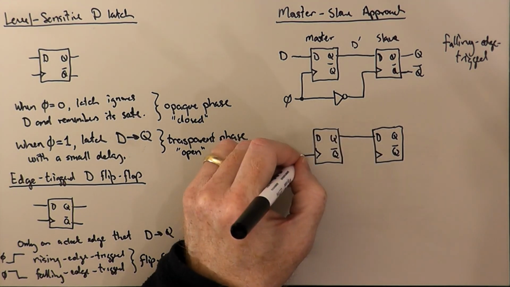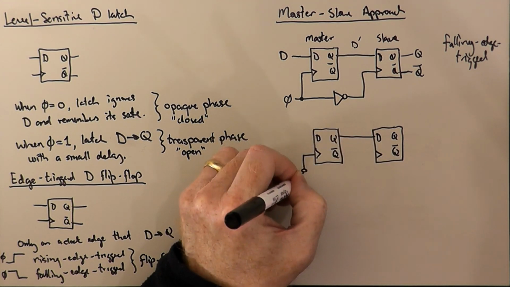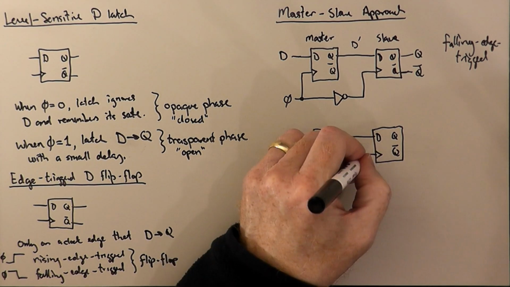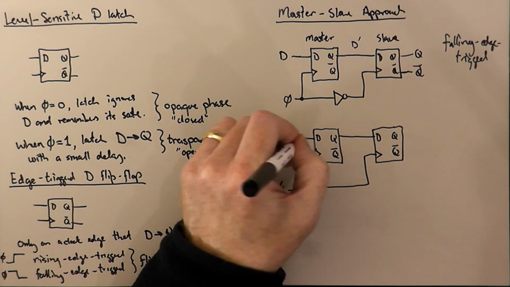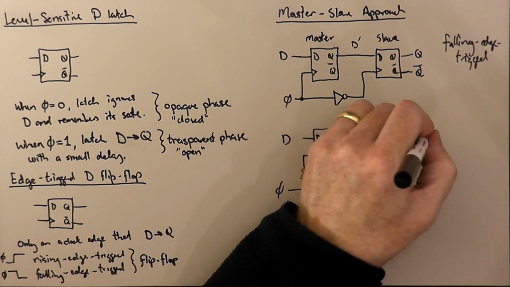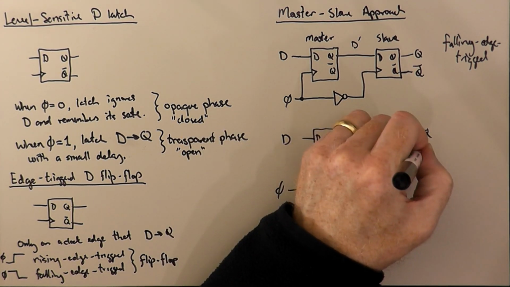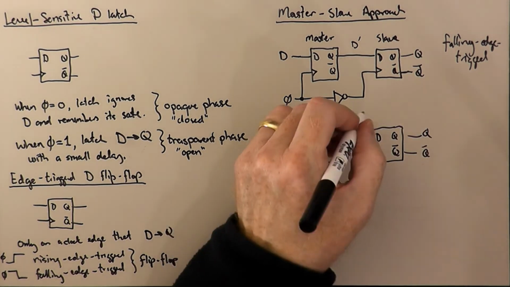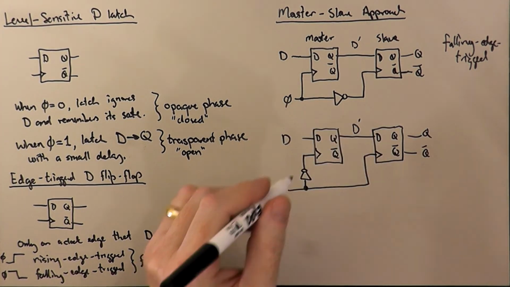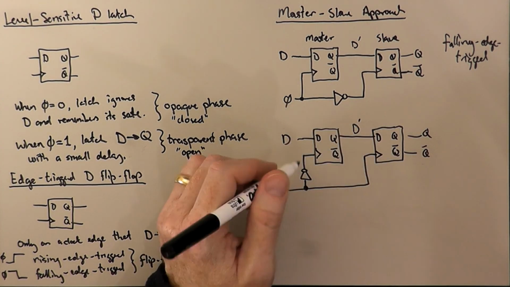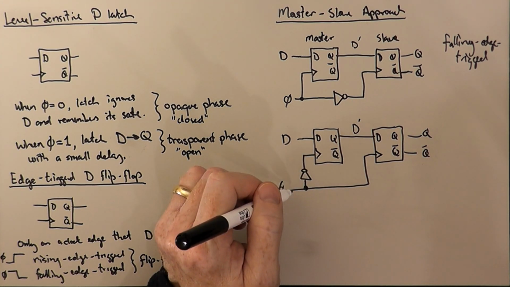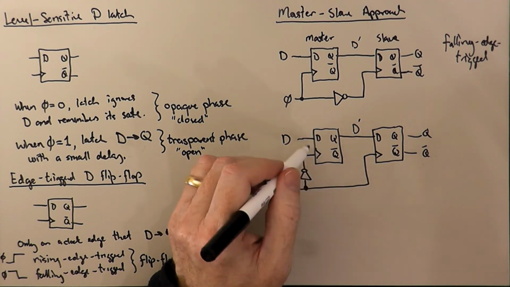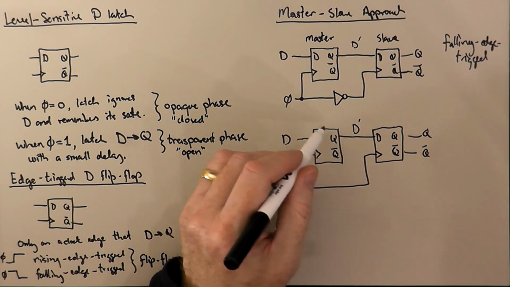So if we instead put the clock inverter here, call this D prime. Well, in this case, when phi is low, that's when the first latch, the master latch, is sampling the input.